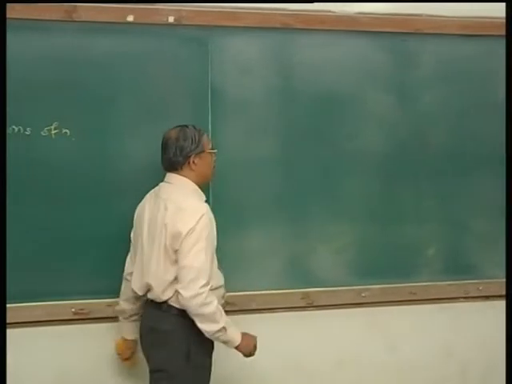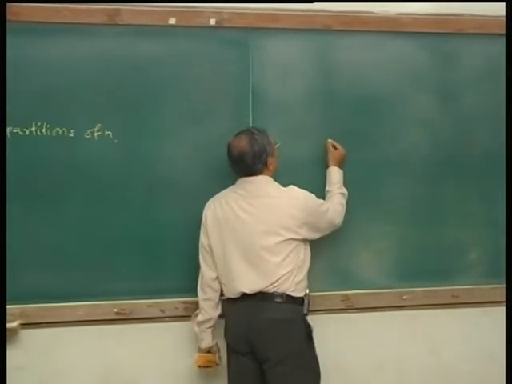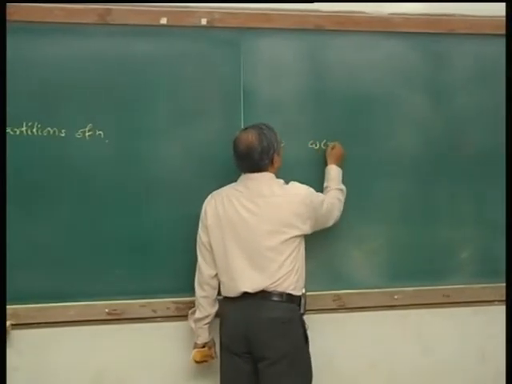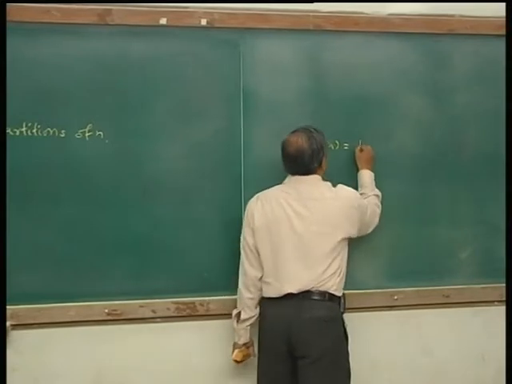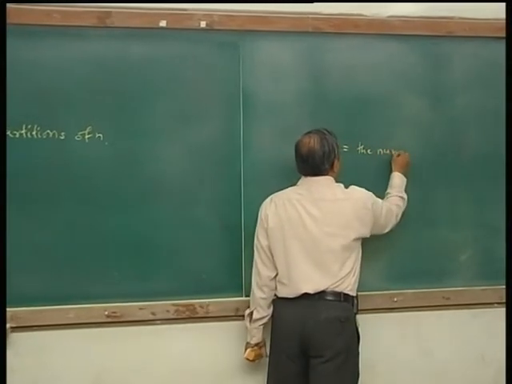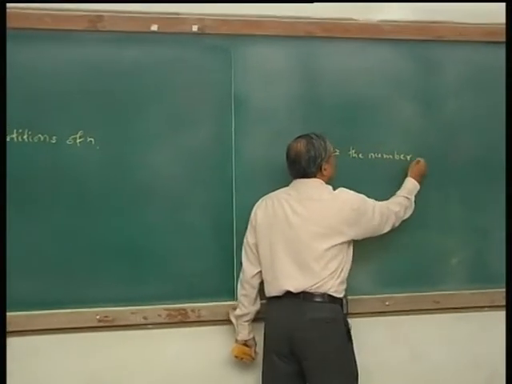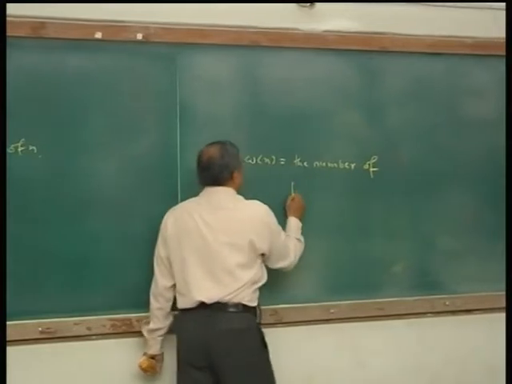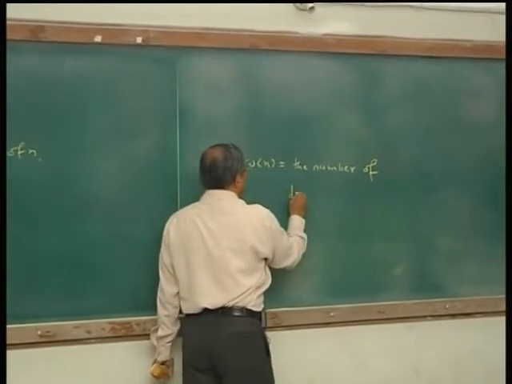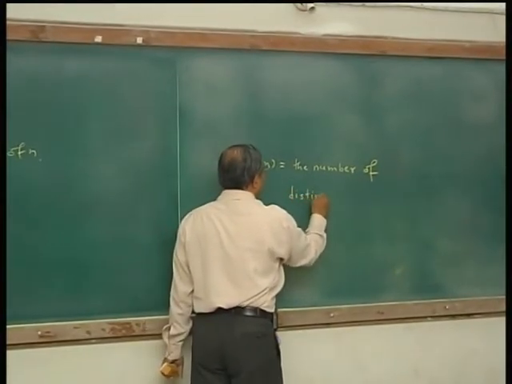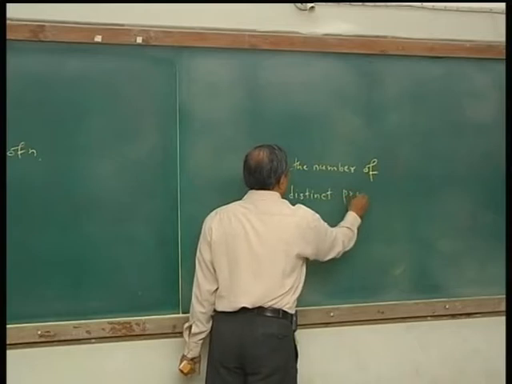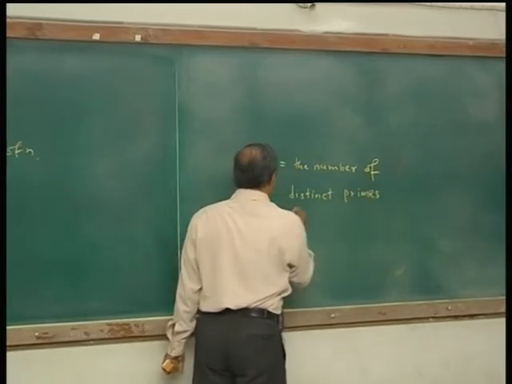Some other functions are like this. Omega of n equal to the number of primes, meaning distinct primes, dividing n.